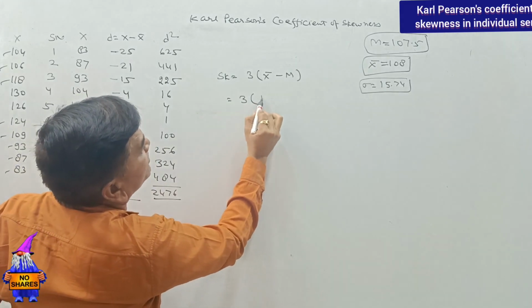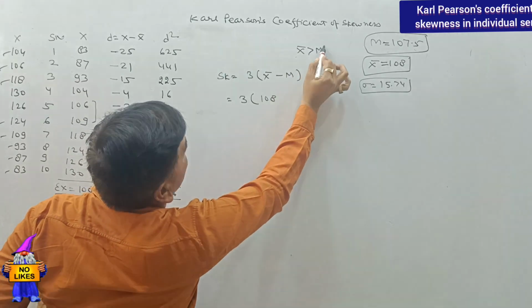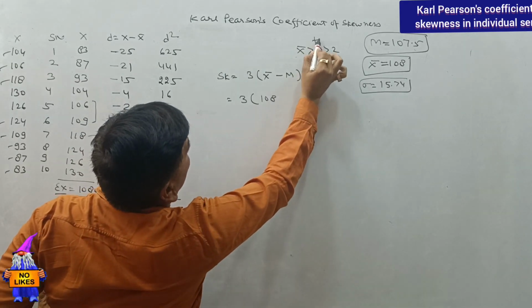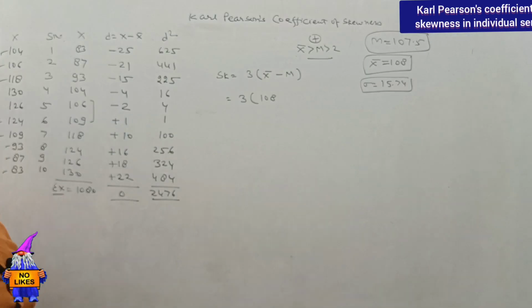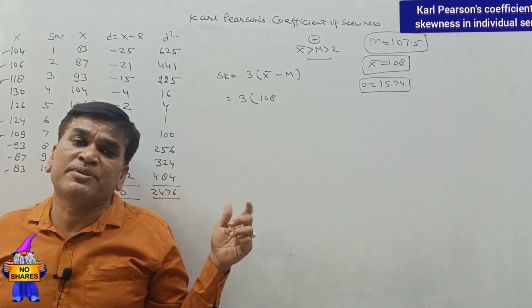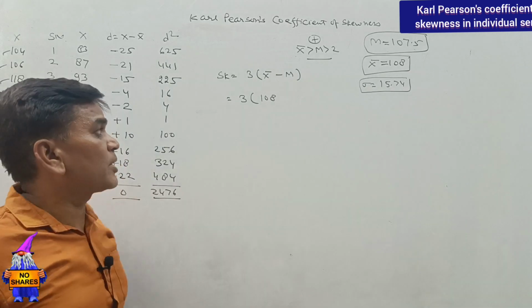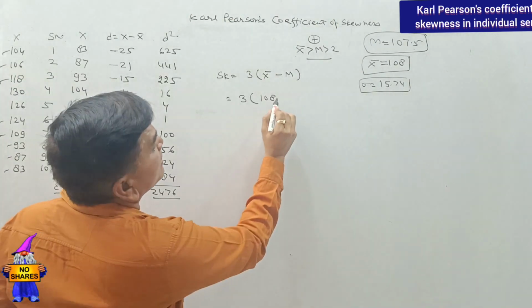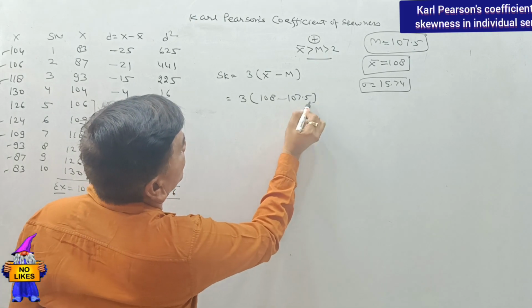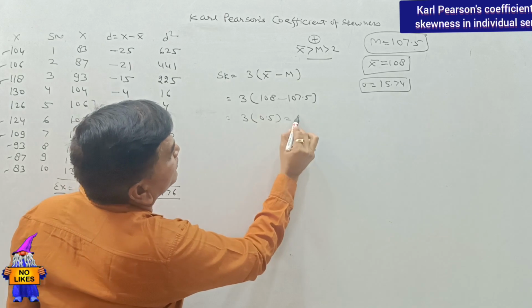Since x bar is higher than m, positive skewness will be there. Already we have gone through what positive skewness and negative skewness are, in the previous video. So 108 minus 107.5 is 0.5, times 3, that is 1.5.